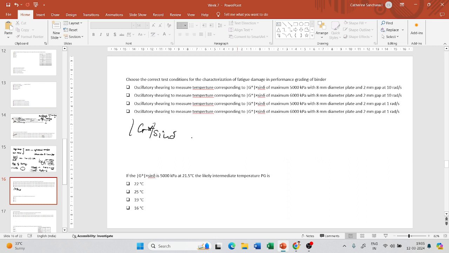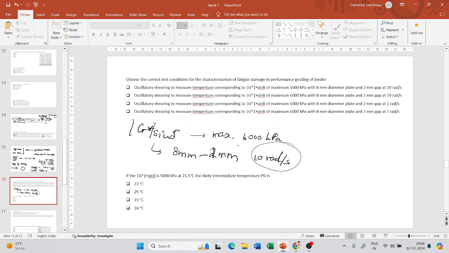But here it is G star into sine delta, and it has to be a maximum of 6000 kPa as per the new ASTM code. Earlier it was 5000 kPa. For fatigue we are going to test the sample at the following dimensions: 8 mm diameter and 2 mm height, again at 10 radians per second. We just saw what 10 radians per second is, and I said that all PG grading will be carried out at this particular frequency.